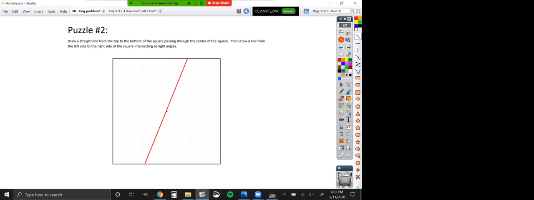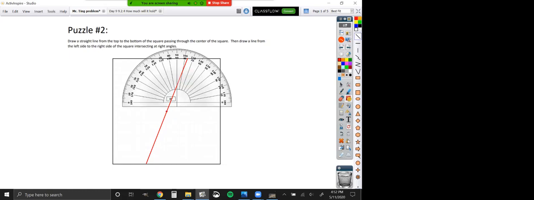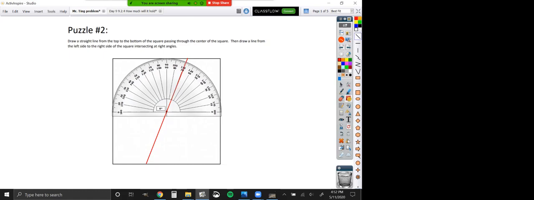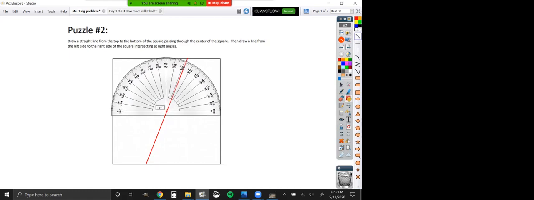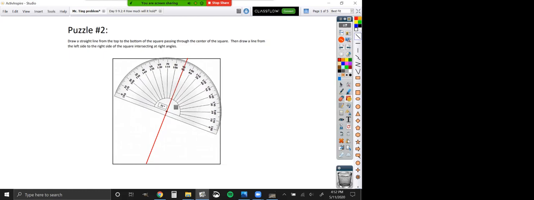try and get it to go right through that center, and I'm going to have to adjust mine because my computer does some weird stuff with it. And then I need to get a right angle, so I'll use a protractor at this point, although I prefer using compass and straight edge. I'm going to turn this so that it's right at 90 degrees.